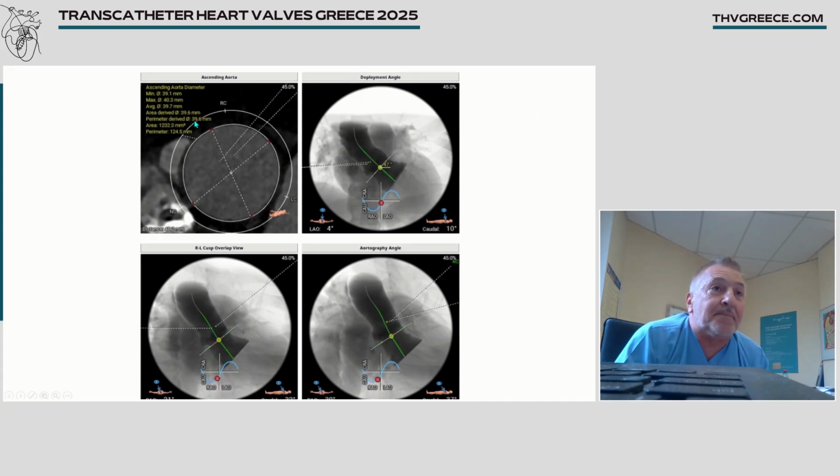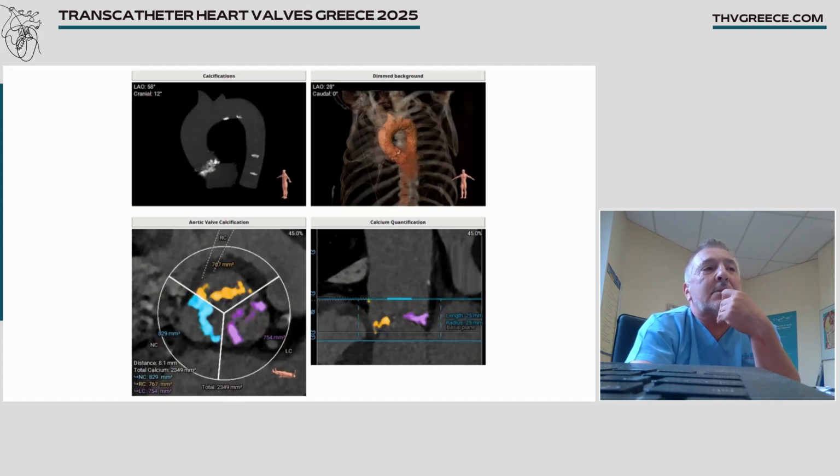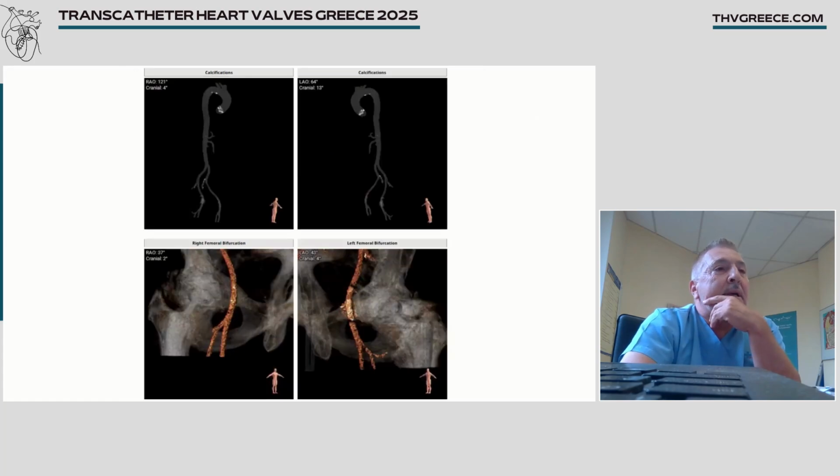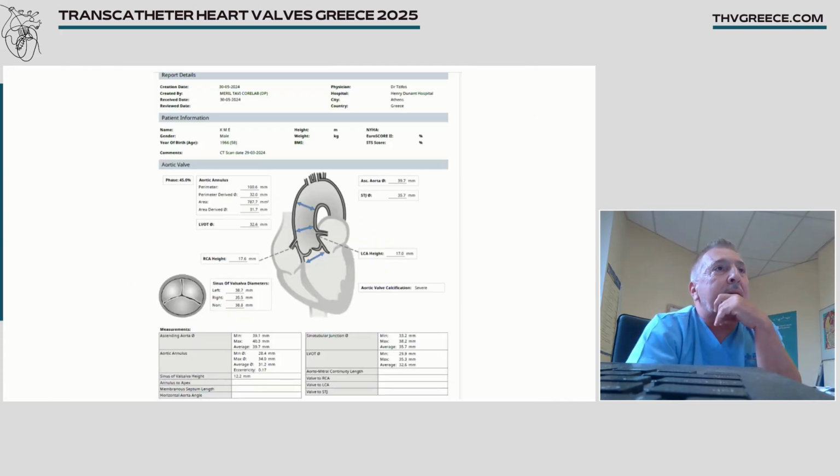It's not very big. The angulation of the aorta and the left ventricle is okay. It's not a horizontal aorta, and you see that the distribution of calcium is symmetrical. There's a lot of calcium, and it is symmetrical. There is nothing important; everything is okay in the lower limbs and the abdominal aorta.